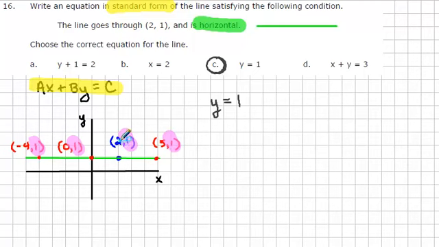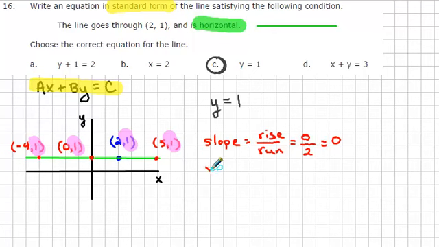If we use the point (2, 1) and (0, 1), then we would observe that our slope is equal to rise divided by run. In order to go from (0, 1) to the point (2, 1), we have to rise 0 and run 2. And 0 divided by 2 is equal to 0.